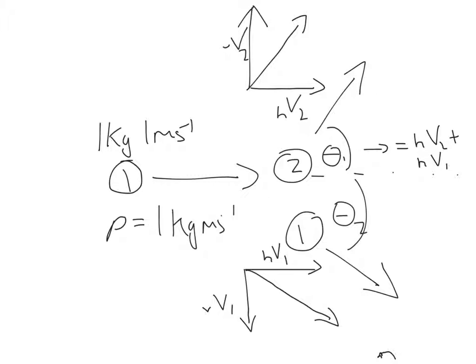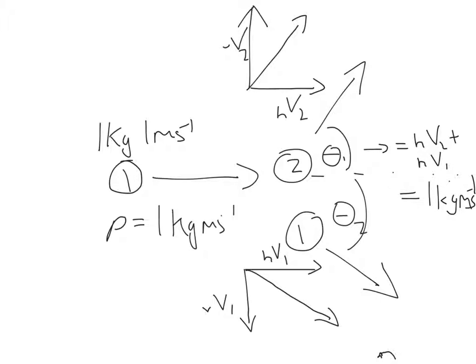And we would expect those to then also equal the 1 kilogram meters per second. All right, there we go. So that gives us a complete horizontal resolution on the momentum there.